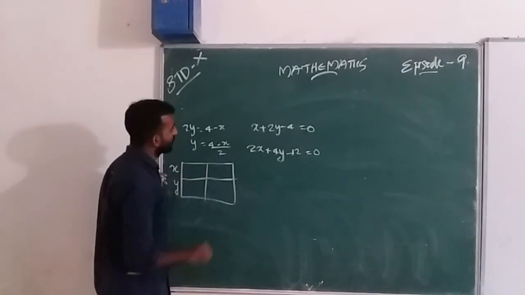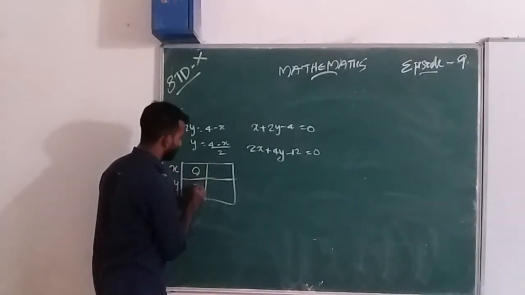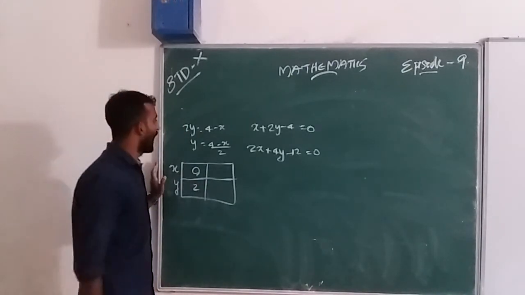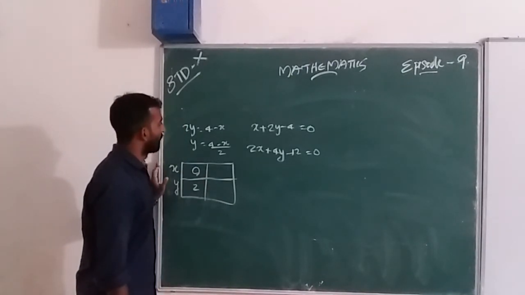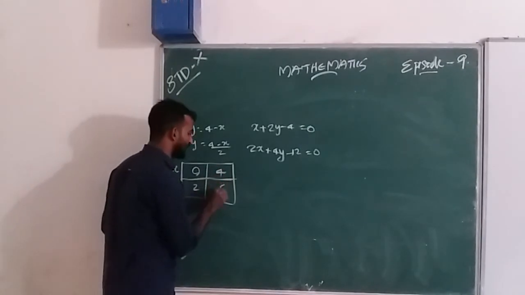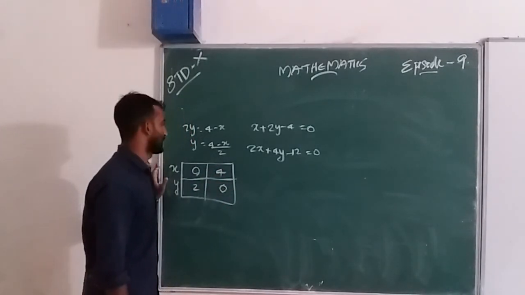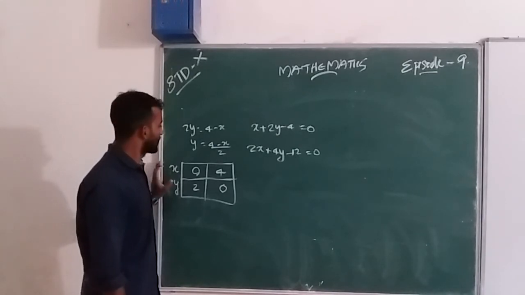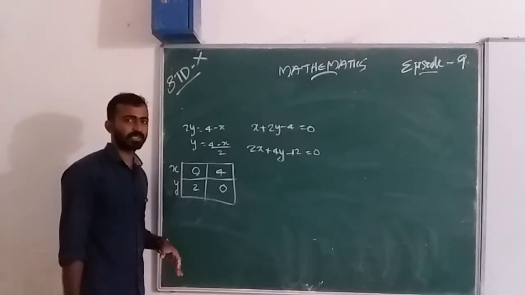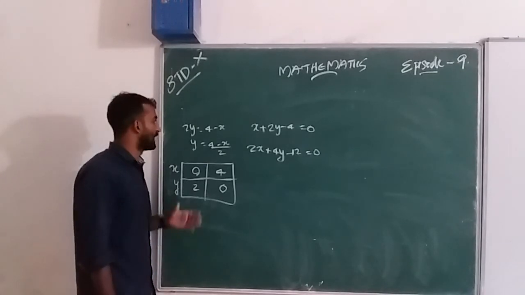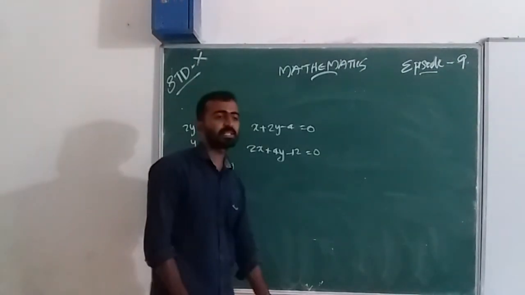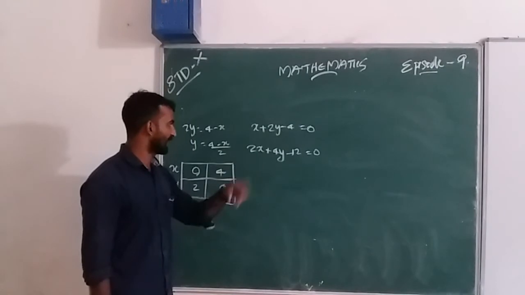When we put 0, we get 2. And when we put 4, we get 0. Is it correct? Yes, correct. Can you follow? Okay. What is the next step? Yes, that is the right answer.